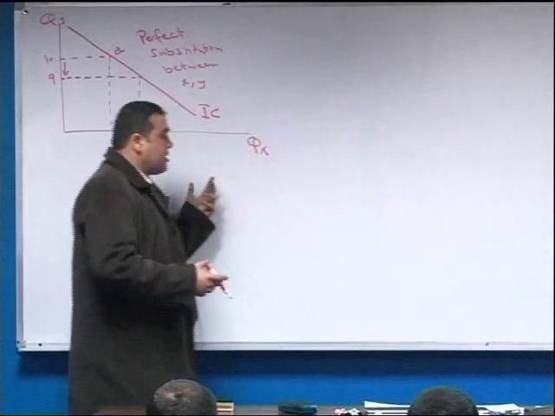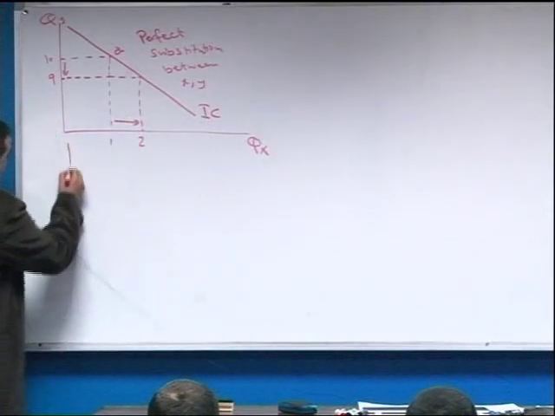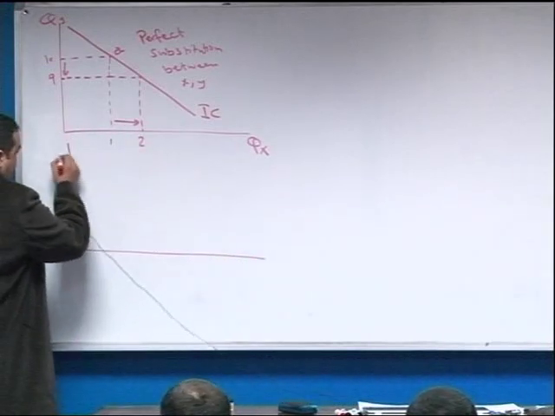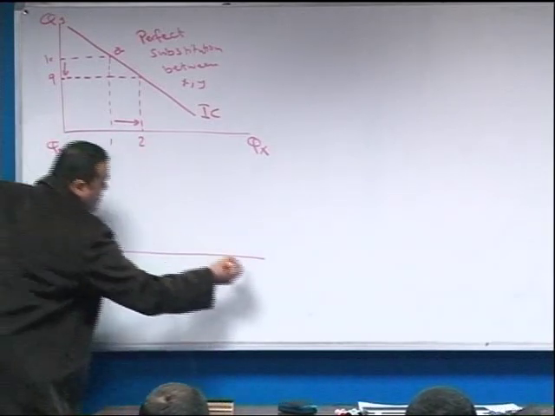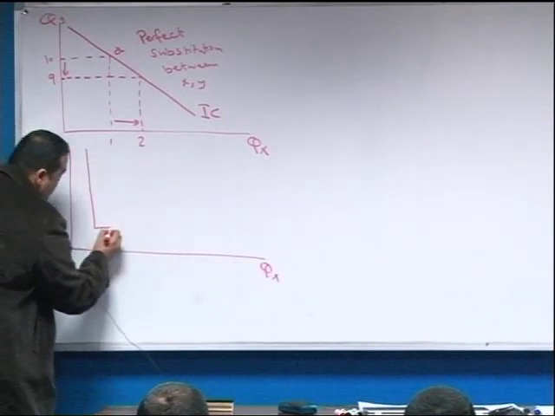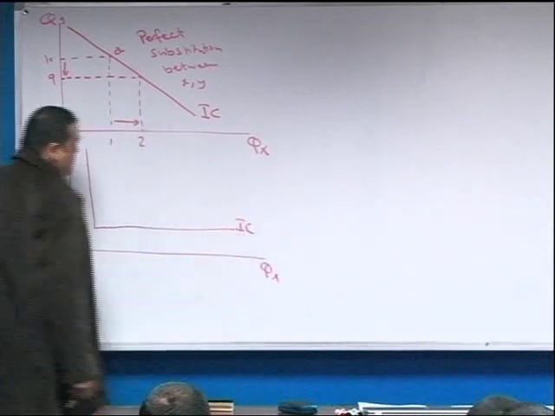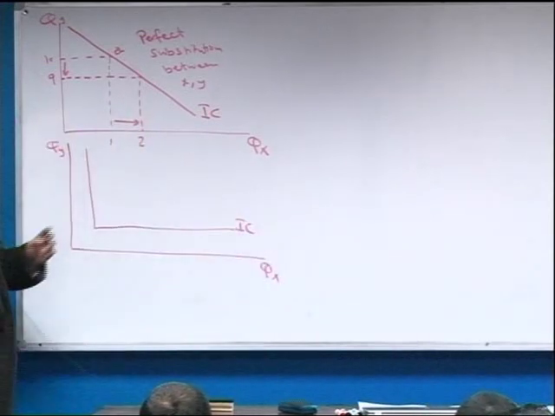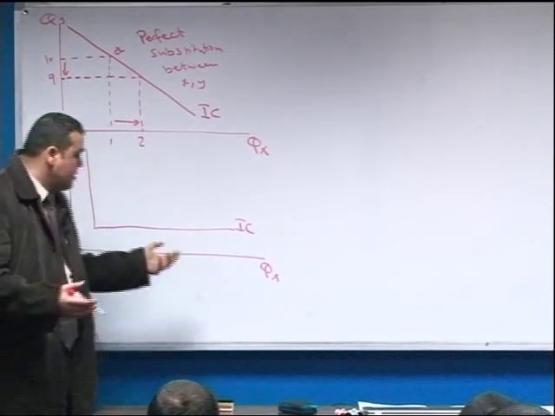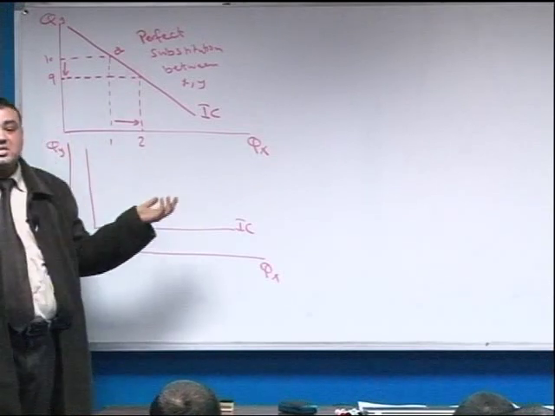We have another case when the indifference curve is vertical, then horizontal, QY, QX. This is the indifference curve. There is no relationship between the quantity of X and the quantity of Y, so there is no substitution.